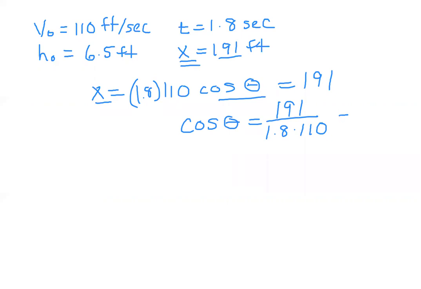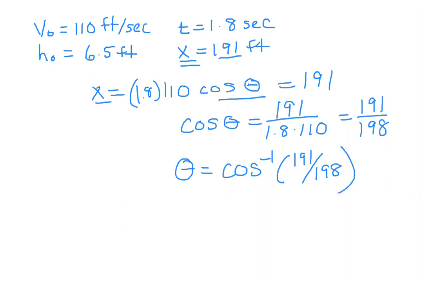This equals 191 over 198. So then you would say theta equals inverse cosine of 191 over 198. Do that on your calculator, and you should get theta equals 15.28 degrees for our angle. So that's the angle of elevation that the ball was thrown.